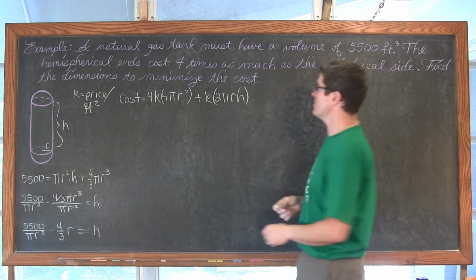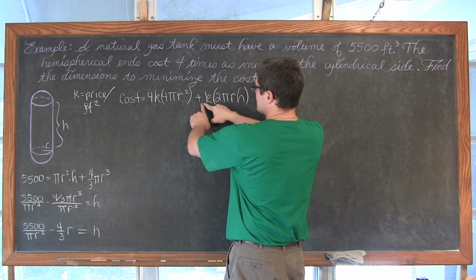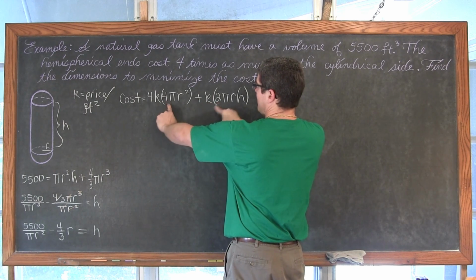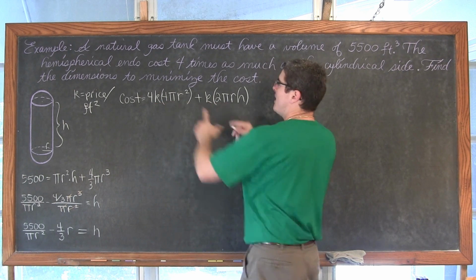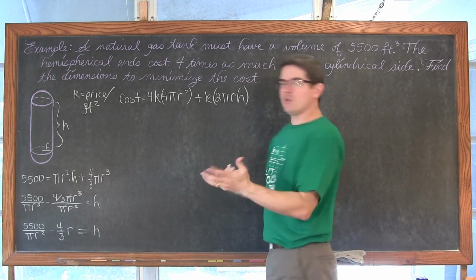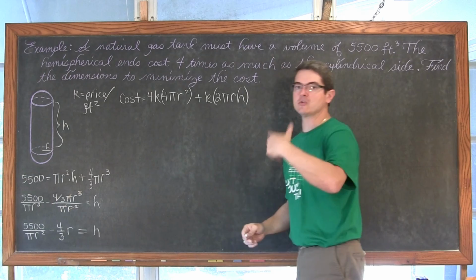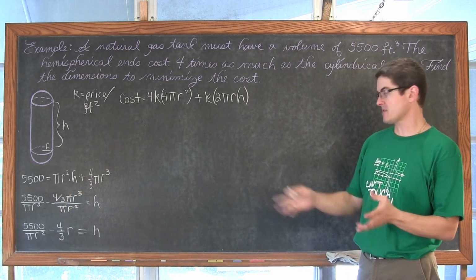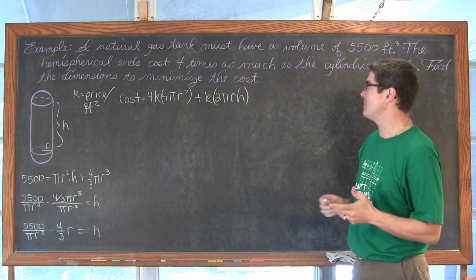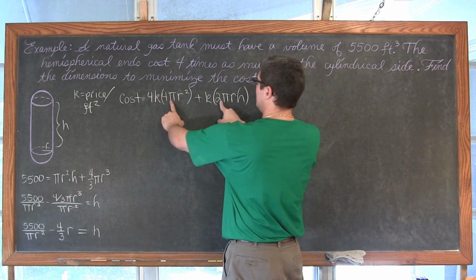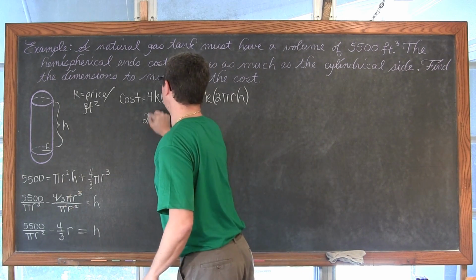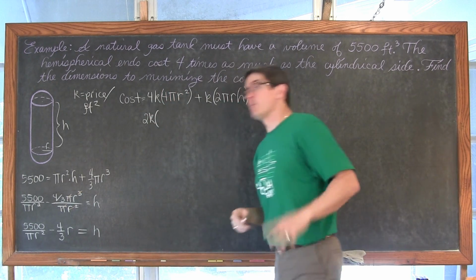Now both of these terms, just to clean this up a little bit, both of these terms have a factor of 2 and a factor of K. They both have a pi as well, and you could factor that out, but when I do the substitution for h, I'm going to introduce more pi's, so I'm just going to let them cancel as I introduce that, and I'm just going to bring out that 2K. So 2K, parentheses.